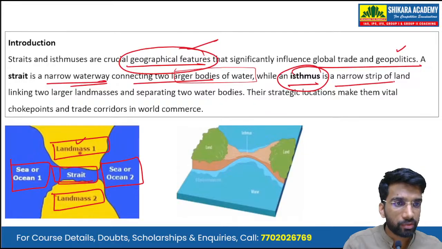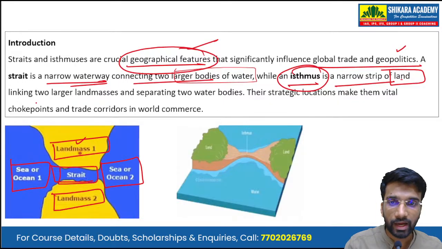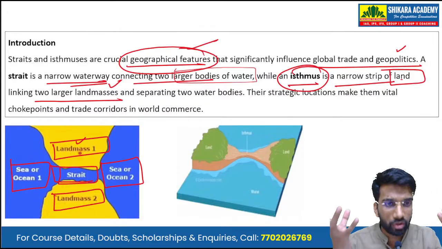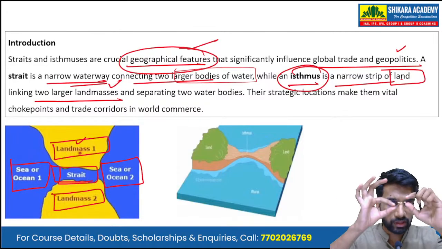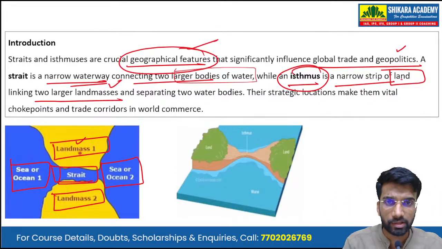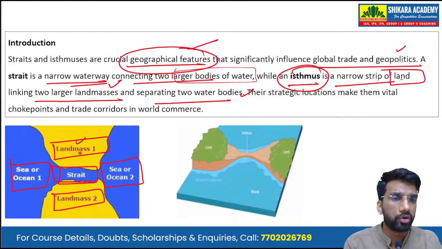An isthmus, on the other hand, is a narrow strip of land. So a strait is a narrow strip of water, and an isthmus is a narrow strip of land that links two larger land masses. Just like the strait connects two larger water bodies, the isthmus connects two large land masses, and it also separates two water bodies.